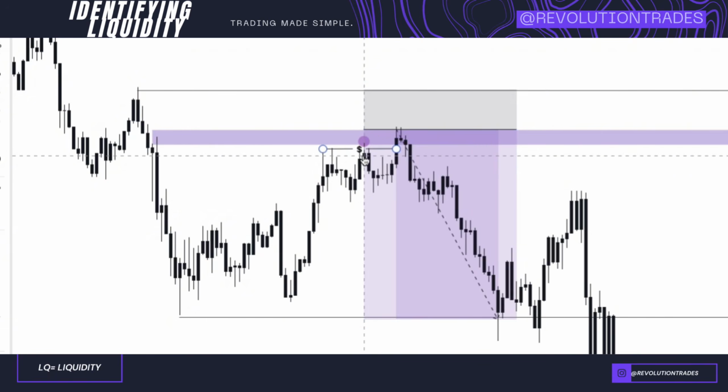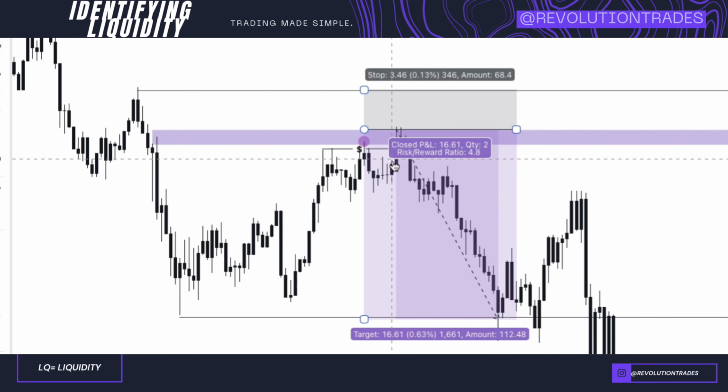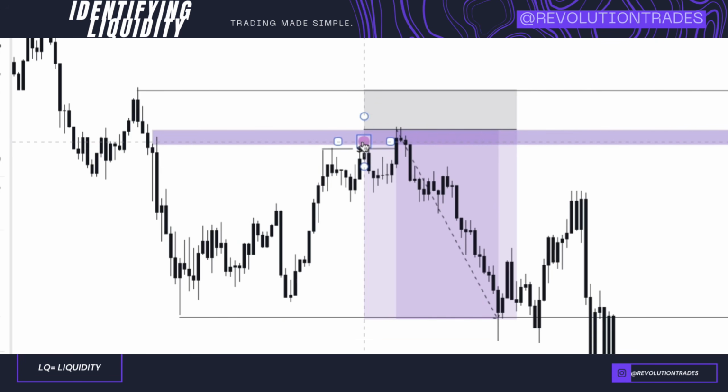Some people might think this is a break of structure right here, because you can see a candle body breaking a level here. But what's really important is you take liquidity as higher priority. The reason I say this is because you are at a resistance zone. I love to say you are selling at resistance until given buy confirmation.